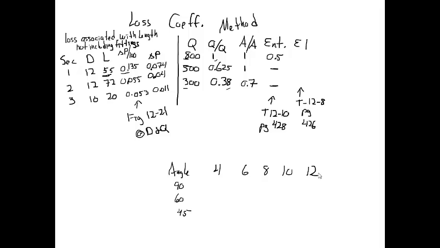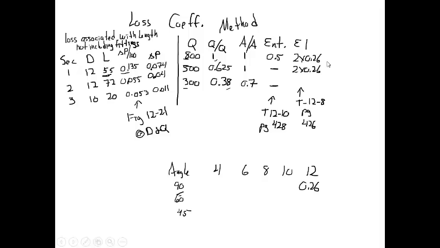For sections 1 and 2, both of them have two 90-degree elbows for 12 inches. So here's 90 degrees, 12 inches. You should see a coefficient of 0.26. So you should have here 2 times 0.26.